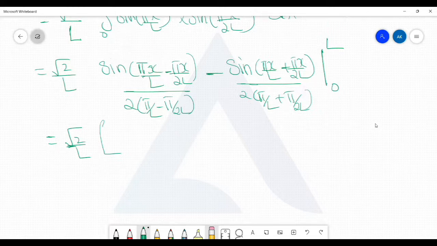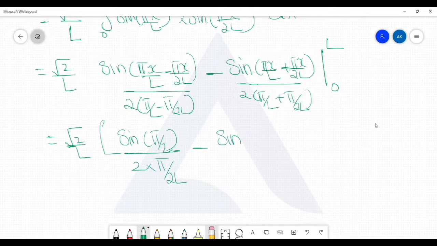This is sin pi by 2 that will come here, divided by 2 into pi by L minus pi by 2L, which is pi by 2L, minus, here again if you put the limit L, sin pi plus pi by 2, that is sin 3 pi by 2, divided by 2 into 3 pi by L. If you put the lower limit, everything becomes 0. Right. So this will cancel.